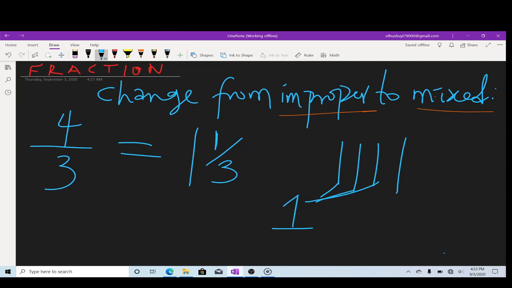What is left? You have a remainder, which is 1, and that will be 1 upon 3. So this one forms the fraction. The number of times it will divide forms the whole number. Do you see that? So this is the whole, while this 1/3 is a fraction.